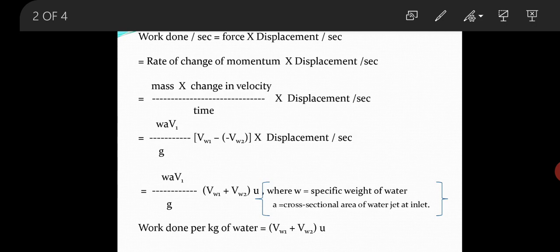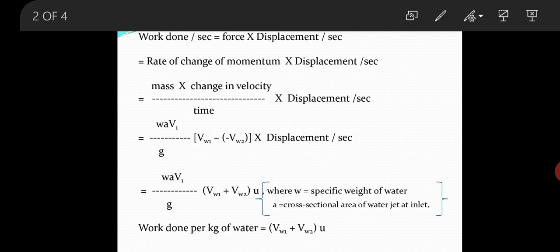To find out the mass, W is the specific weight, so W by g is the density, and volume per second is cross-sectional area into velocity at inlet.